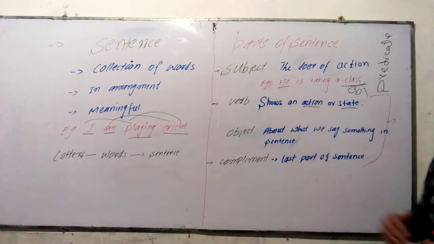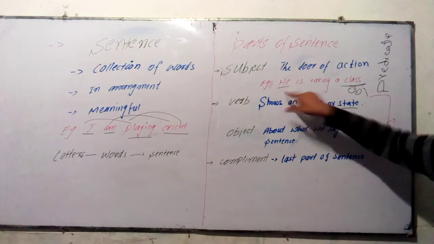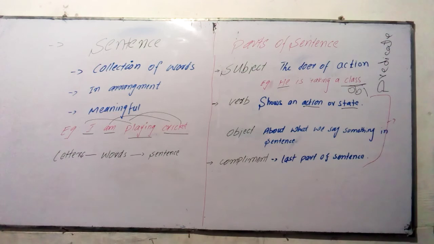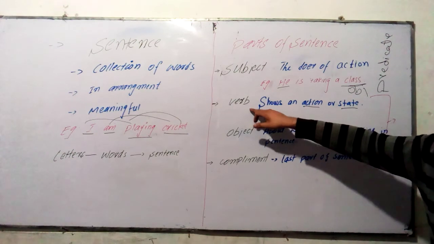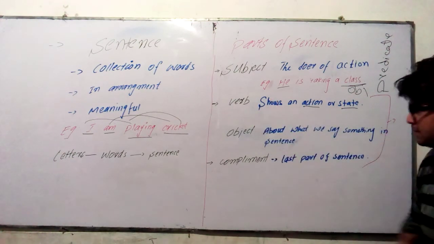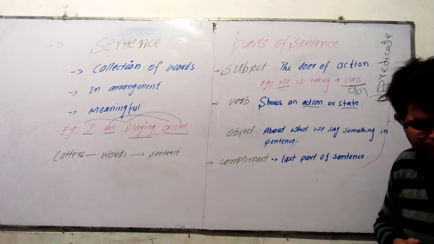Like the example in front of you, he is taking a class. Now he is the doer of an action. And the second part, verb, will be further explained in parts of speech, but it shows action. Just keep that in your mind.